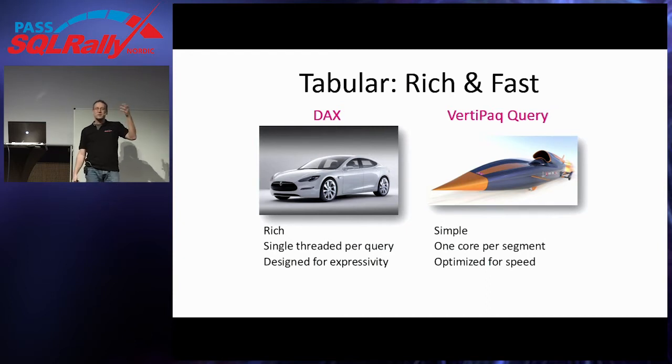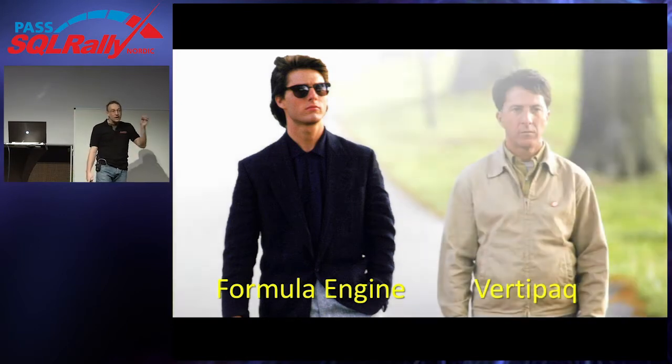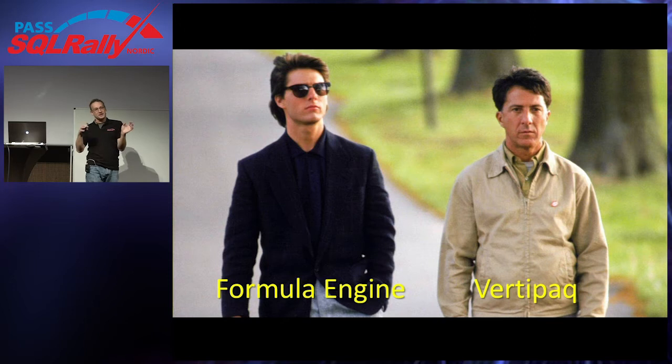In my mind, I use a completely different picture. I think that formula engine is a rich engine designed for expressivity. It's able to understand a lot of things, while storage engine is his brother, which is not as smart as formula engine, but it's damn fast in doing calculations.